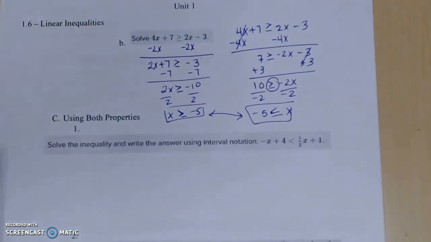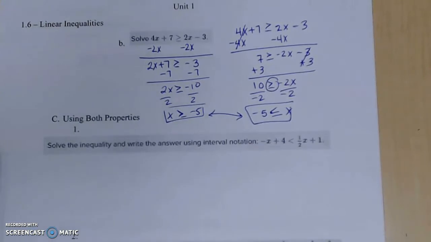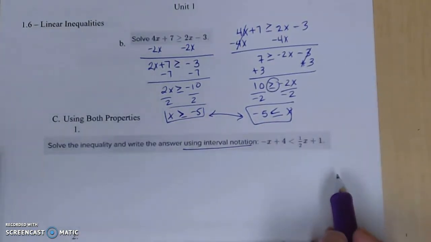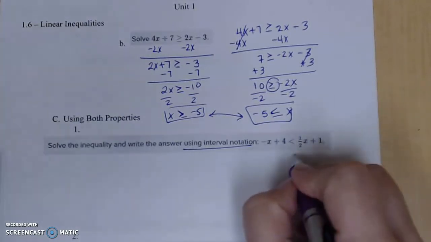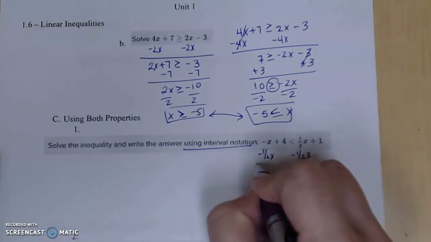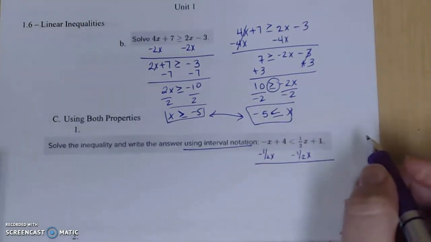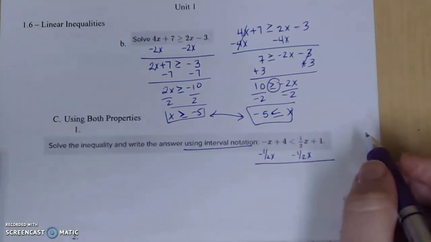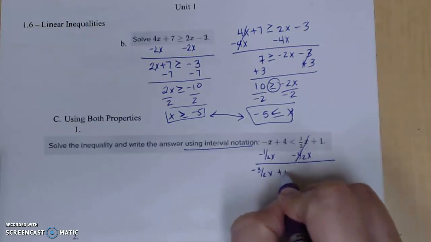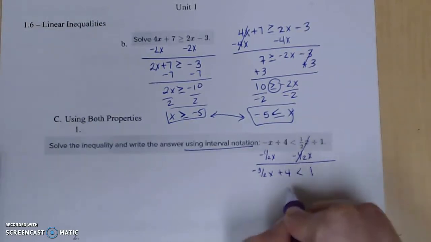So here's one putting both the properties together. It says solve the inequality and write the answer using interval notation. So I'm going to go ahead and move some things around. I'm going to subtract the 1x from both sides. Again, your steps may look different, but we should all get to the same answer mathematically. So this cancels, and this gives me negative 3/2 x plus 4 less than 1.